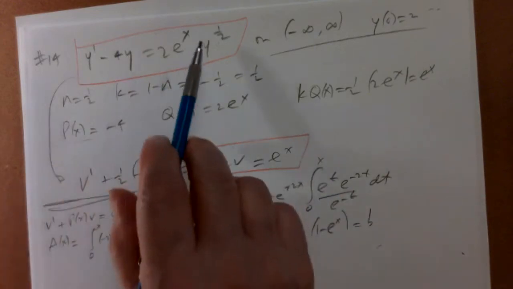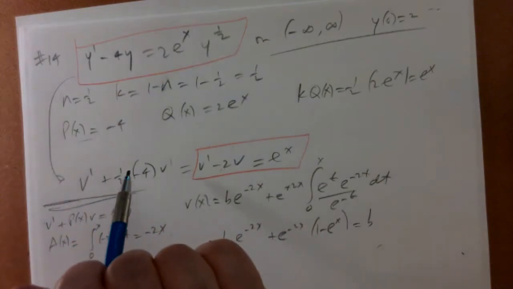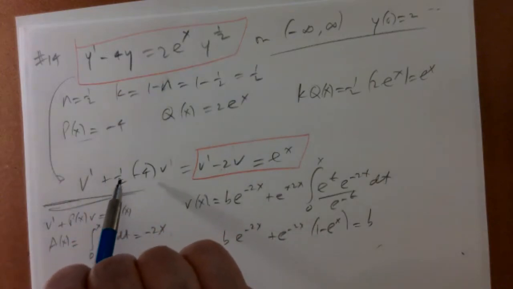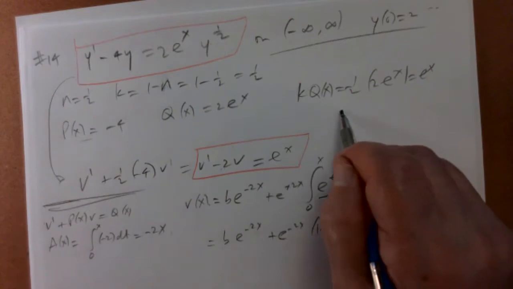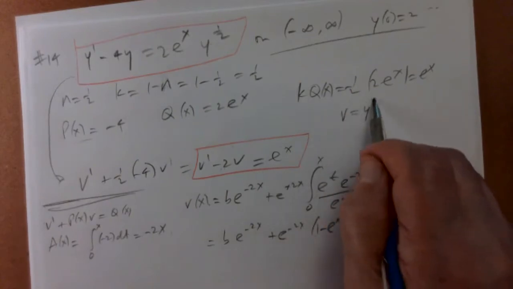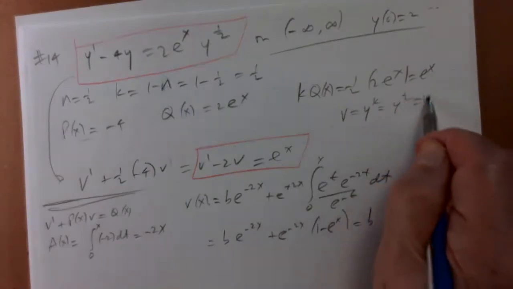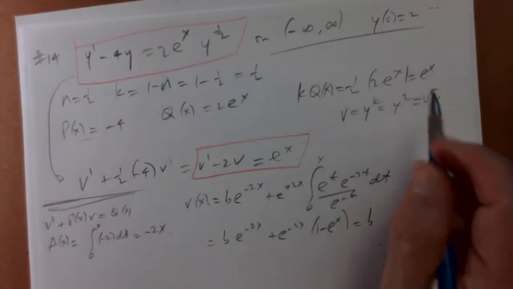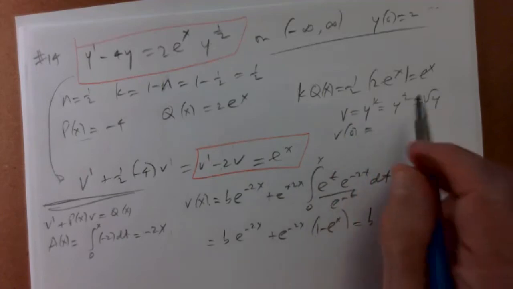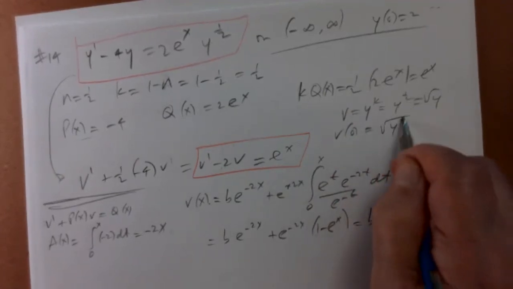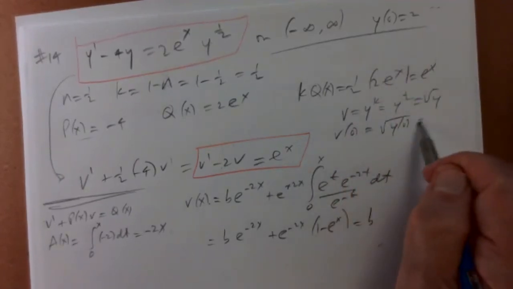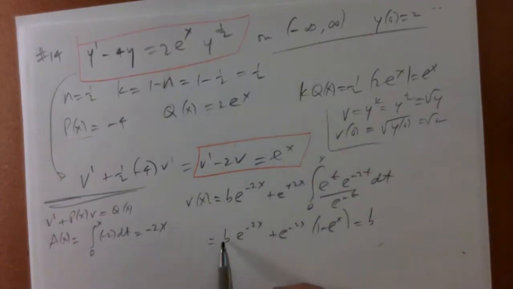When we make our transformation from y to v, v is y to the k, which is y to the 1/2 or the square root of y. So v at 0 is the square root of y at 0. That's the square root of 2. So this b is the square root of 2.